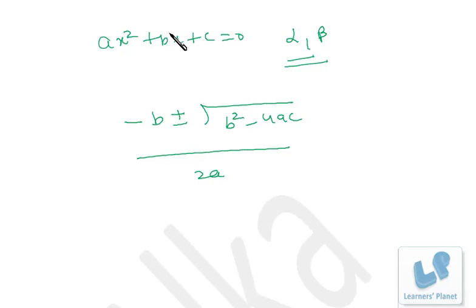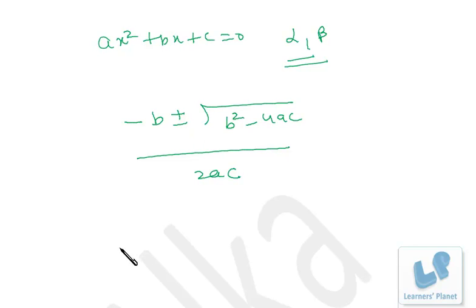Here b is the coefficient of x, a is the coefficient of x square, c is the constant term. That is the formula for calculating the values of alpha and beta, the two roots or solutions of this equation. One solution you get by the plus sign and the other by the minus sign.